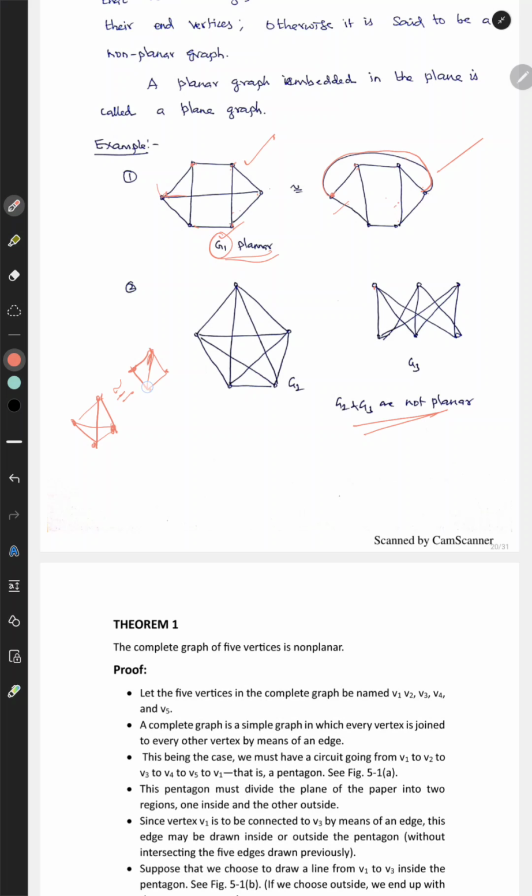Now the other edge, which was crossing in this diagram, I am drawing through the outside. So this particular representation is another representation of the same graph. It's an isomorphic representation, and this is a plane graph representation. None of the edges are crossing. So K4 has a plane graph representation.